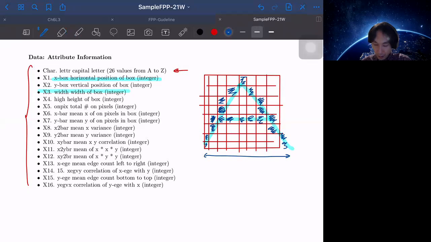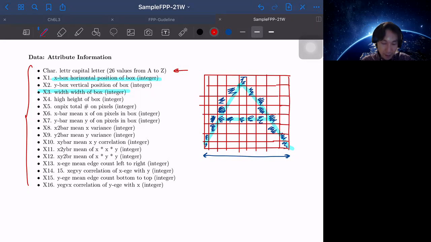When we see that A uses all the columns of these pixels, then at least we can recognize that it is not I. So these are summarized data.